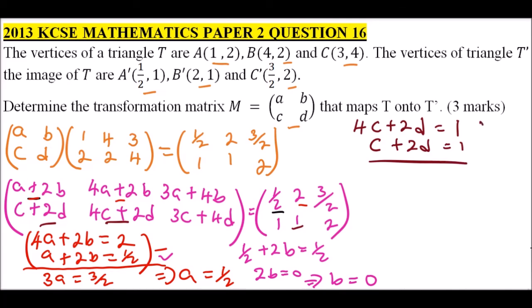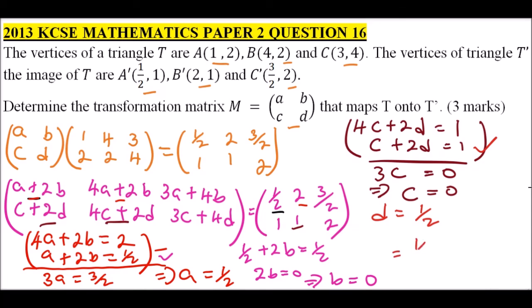You subtract, you get 3C is equal to 0, implying that C is equal to 0. And when you substitute C equal to 0 here, you get that our D is equal to a half. So our matrix is a half, 0, 0, and a half. So that is our matrix A, B, C, and D.